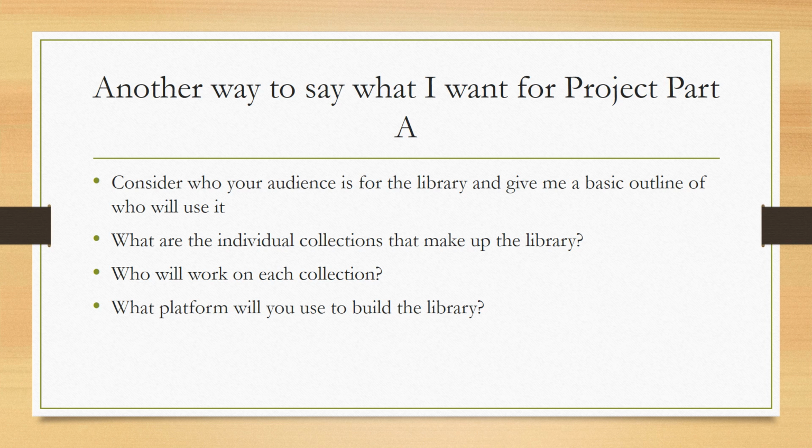So I keep trying to think of better and better ways to describe Project Part A. I still get a lot of questions, and I hope I'm not contradicting myself. I hope I'm just saying it in a better way. So consider who your audience is for the library and give me a basic outline of who will use it.